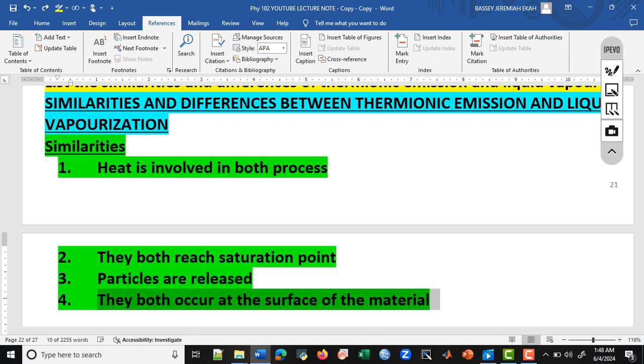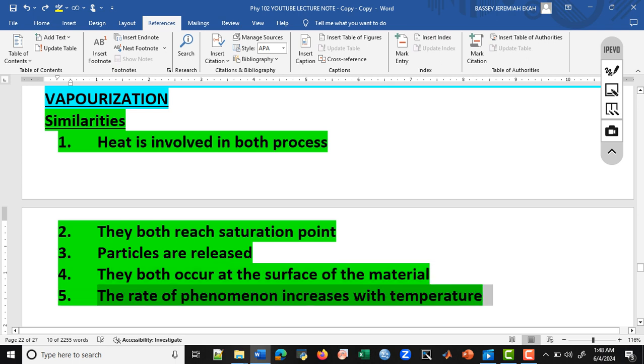They both occur at the surface of the material. Thermionic emission occurs at the surface of the metal. Vapor occurs at the surface of the liquid, transforming into gaseous state.